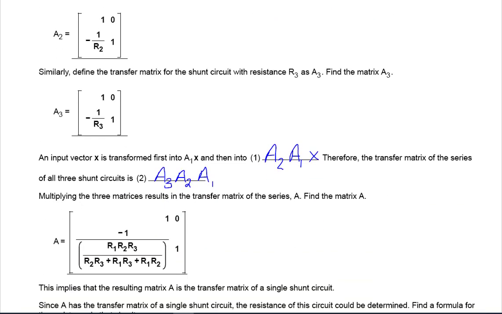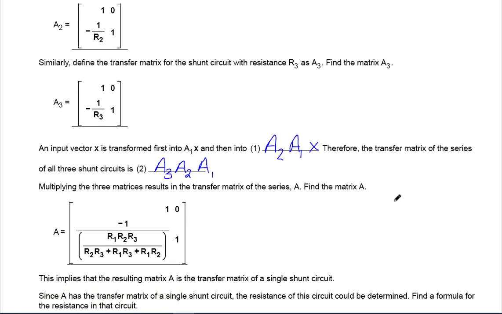All right, so if you trace through what's going on, an X goes into A1. It produces an output. And then A2, the next transfer matrix, takes over and continues until finally, to get through the whole electrical circuit, it's A3, A2, A1.